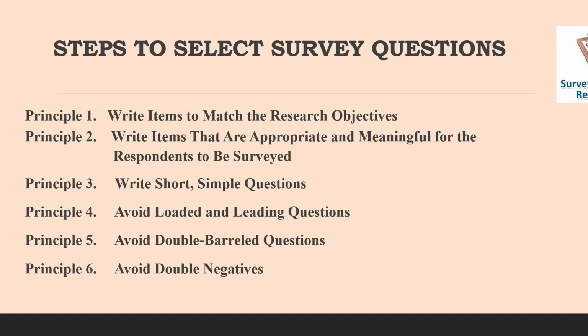Your questions should be short, clear and precise. You're going to use simple language and avoid jargon. So the goal is for everyone to easily understand the item. Four, avoid loaded and leading questions.